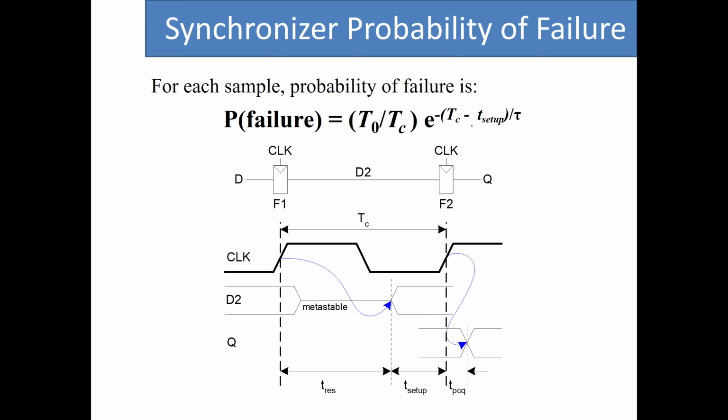So if we simply replace the T resolve that we had before with Tc minus T setup, that is the probability of failure at the end of Tres.